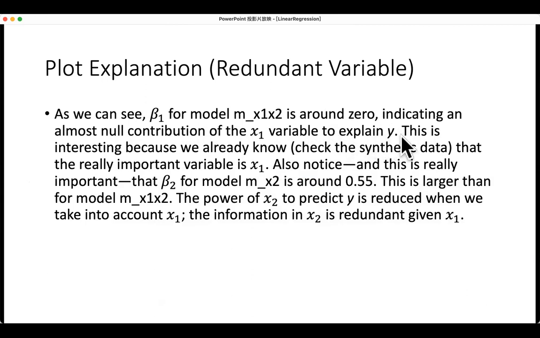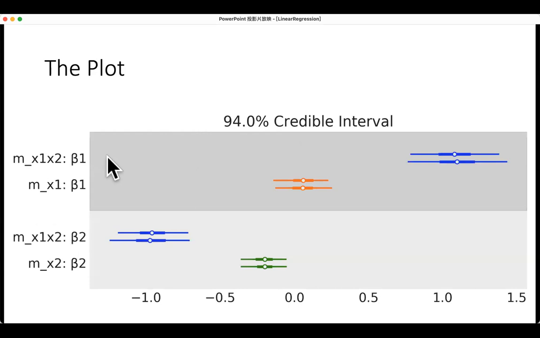This is interesting because we know, since we generated the data, that the really important variable is X1. But the beta 1 in the X1, X2 model is close to 0.